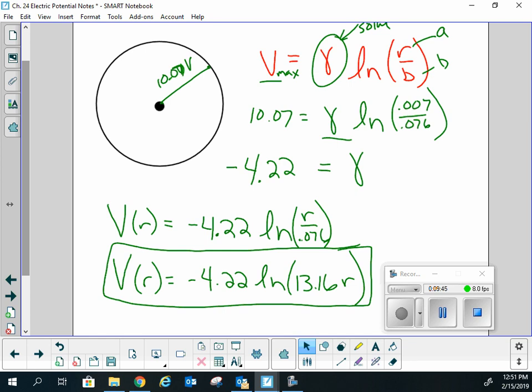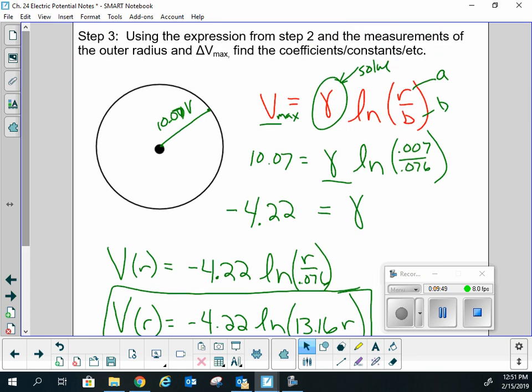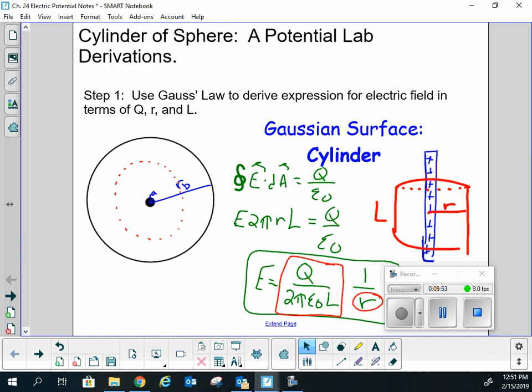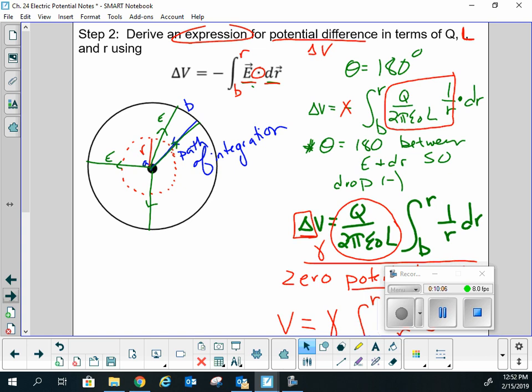Okay, so your job right now is to do the same type of derivation, but you're going to be doing it for a sphere. So if we go back, instead of using a cylinder Gaussian surface, you're now going to use a sphere. That's going to change your equation for your electric field. Then you will put the electric field you derived using Gauss into that equation.